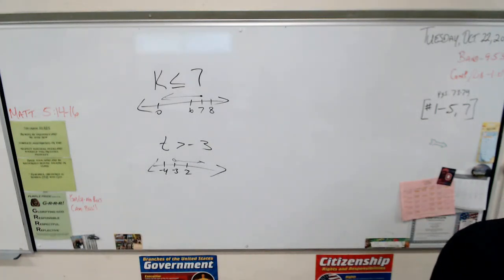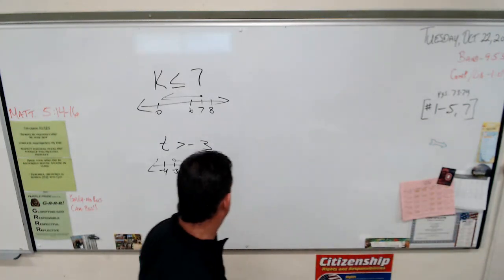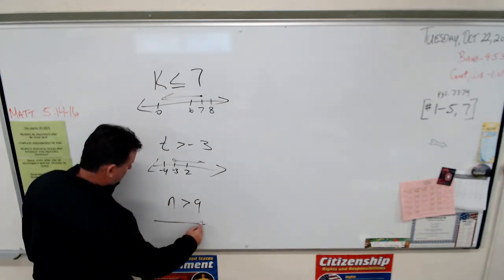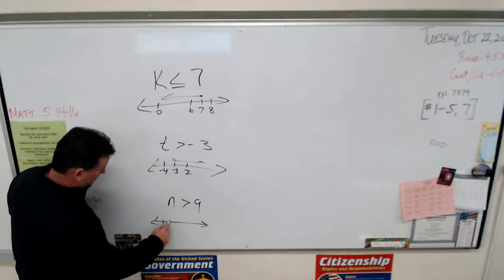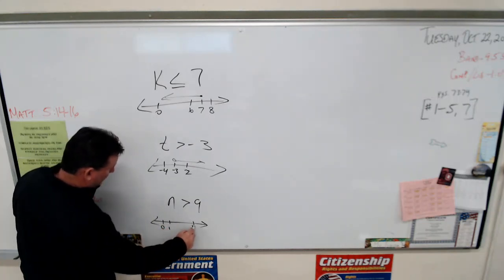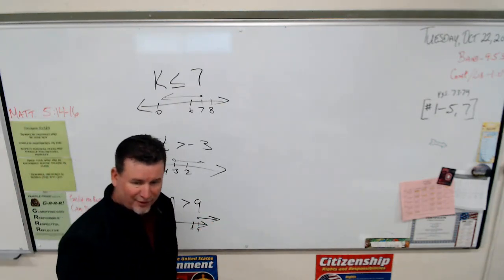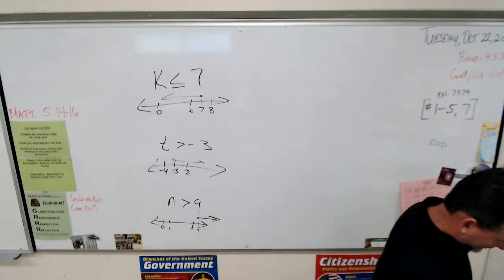Number 24, n is greater than 9. This is 0, this is 1, we'll go way out here to 8, 9, open to the right. That was an awful example. I should have started way more to the left.